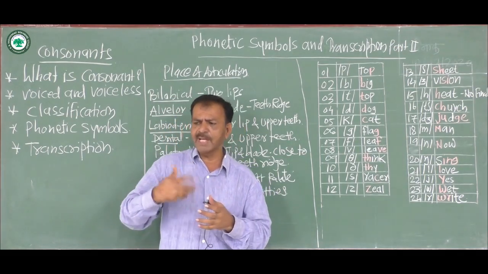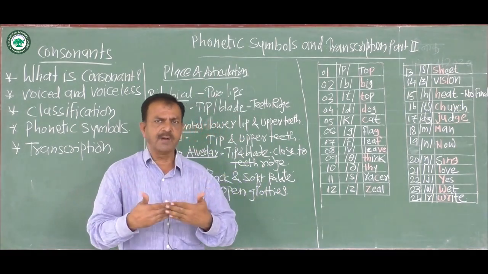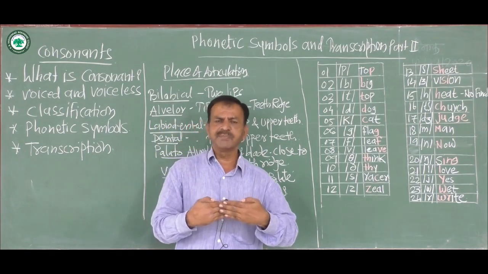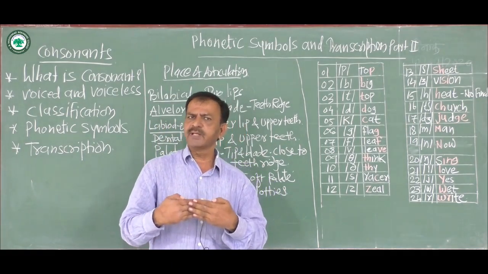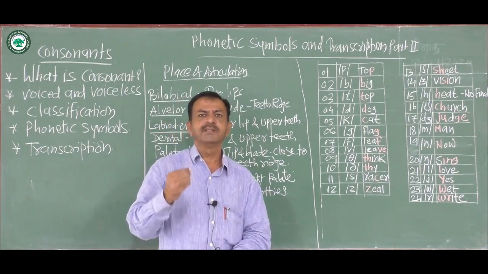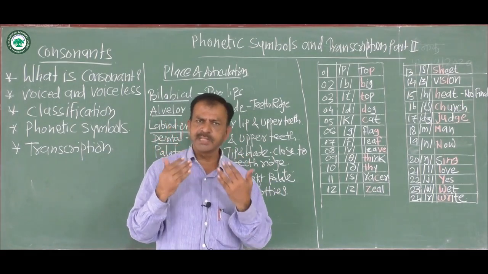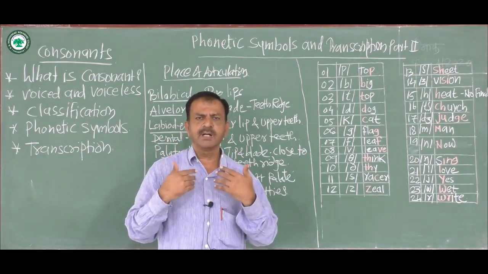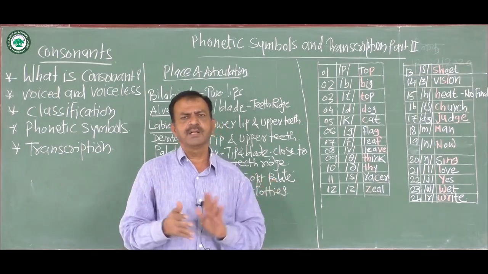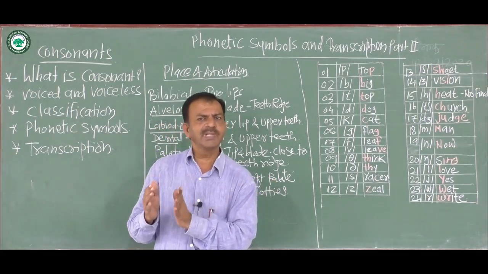And this air meets the contact of the 2 articulators. In the last video, I also explained what articulators are. Articulators means nothing else but the speech organs, for example, tongue, teeth, lips, vocal cords, the lungs. These are the different organs of speech, known as the articulators.